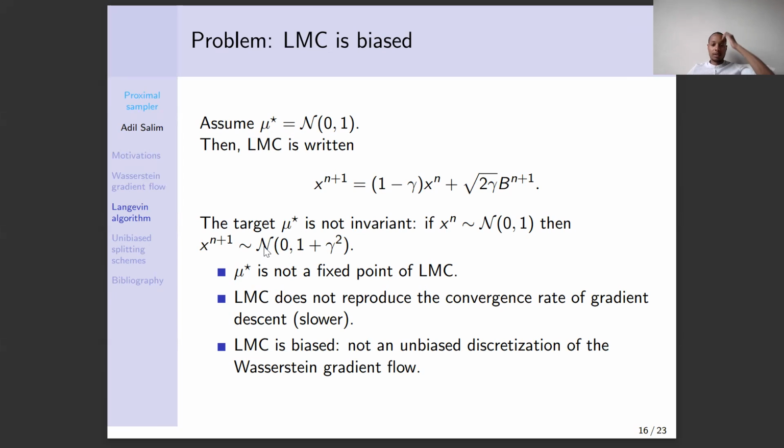That's my point. It goes slower, because with a constant step, it does not converge to the target distribution. So in the sampling literature, we say that Langevin Monte Carlo is biased. This is the terminology that we use. It's biased in the sense that it does not converge with a constant step to the target.